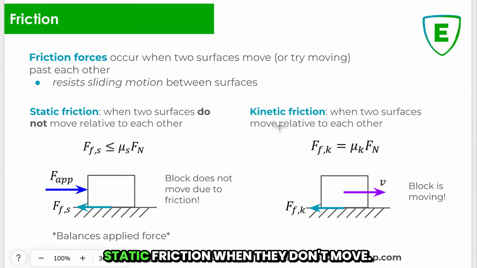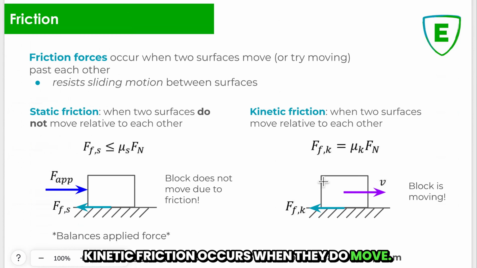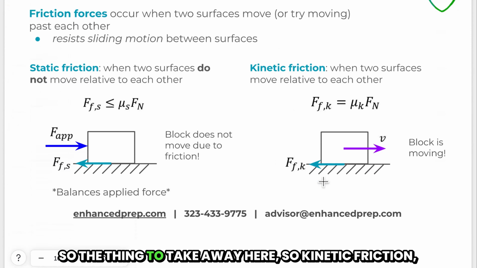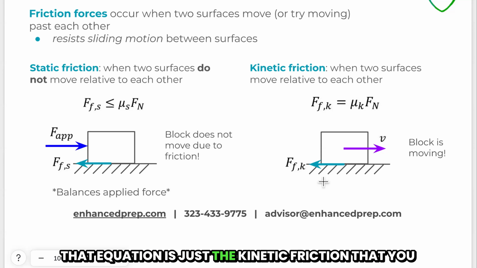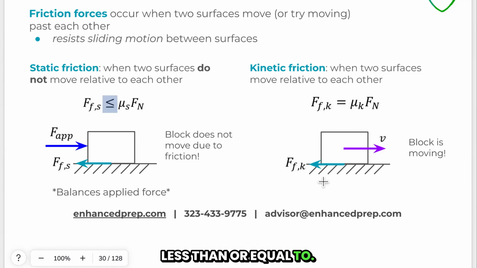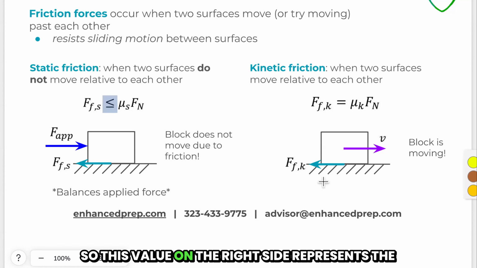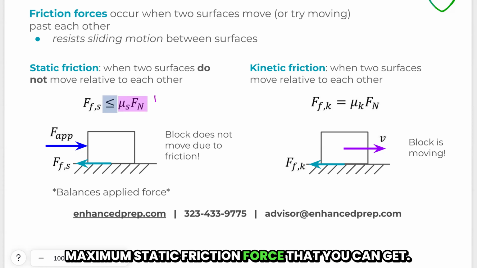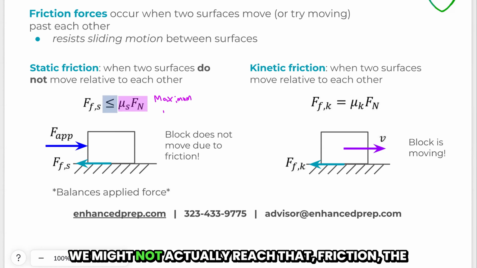Static friction is when they don't move. Kinetic friction occurs when they do move. The thing to take away here is that the kinetic friction equation gives just the kinetic friction that you get. But for static friction, note this less than or equal to. The value on the right side represents the maximum static friction force that you can get. We might not actually reach that.